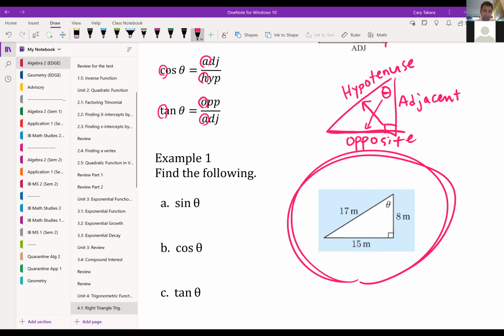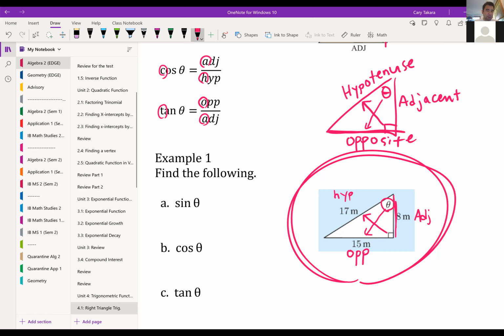Again, the opposite will be the side opposite the theta, so the 15 represents opposite. The hypotenuse is across from the 90 degrees. And then the 8 meter side has to be adjacent.